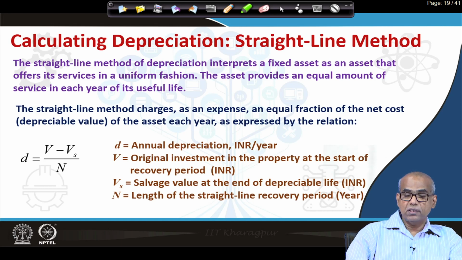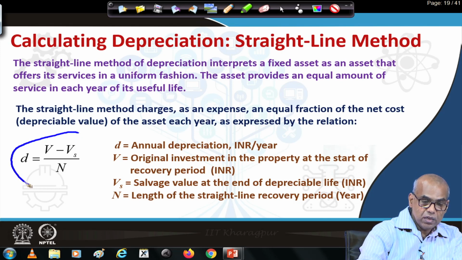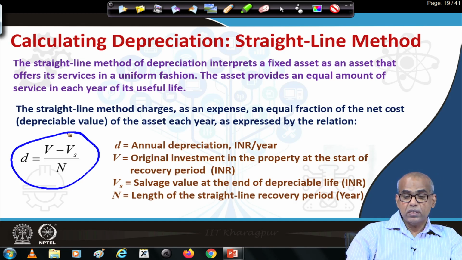The straight line method charges as an expense an equal fraction of the net cost, that is, the depreciable value of the asset each year, as expressed by the relation D equal to (V minus Vs) by N, where D is the annual depreciation in rupees per year, V is the original investment in the property at the start of the recovery period in rupees, Vs is the salvage value at the end of the depreciable life in rupees, and N is the length of the straight line recovery period.